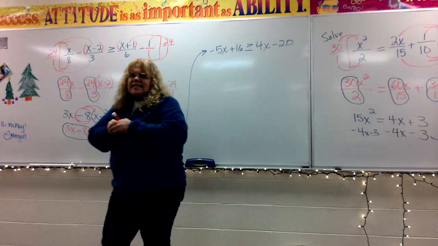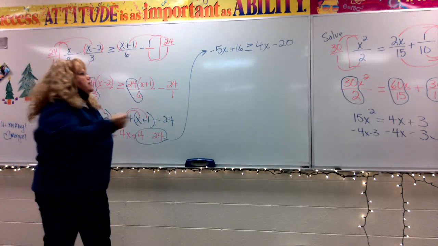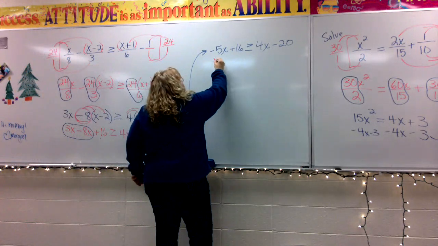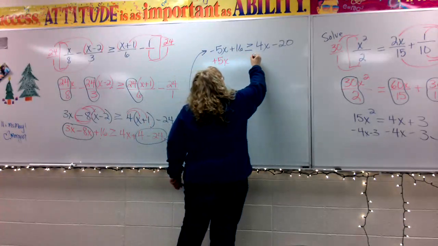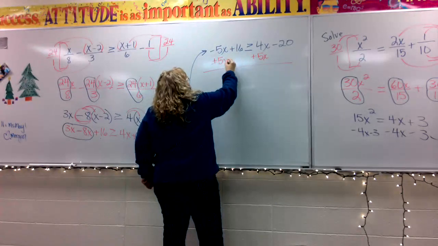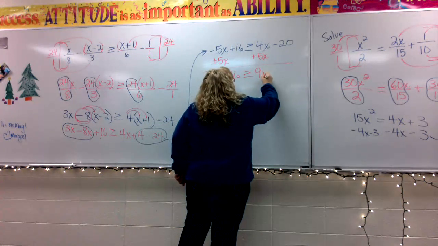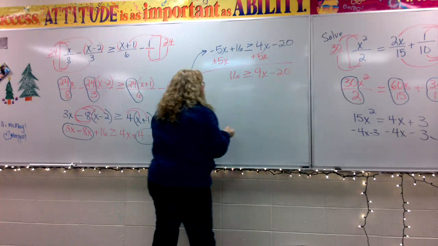Get all the x's together. I like to be positive. So see this negative one? I'm going to add 5x. This goes away. 4 and 5 is 9x.